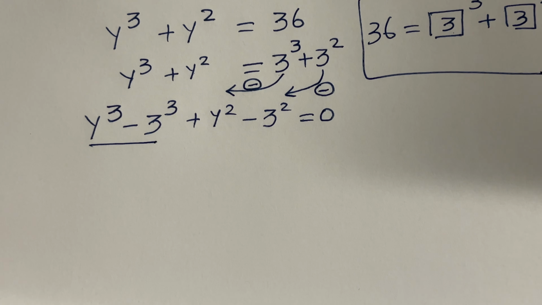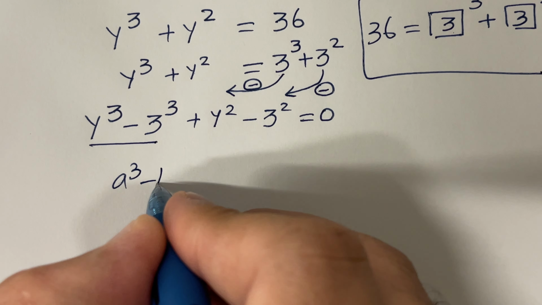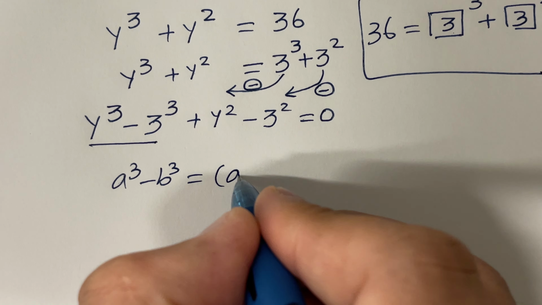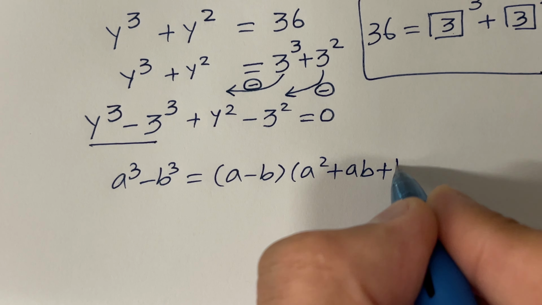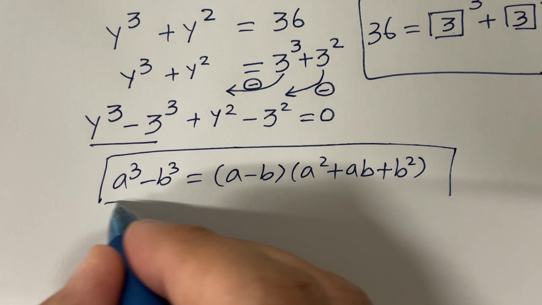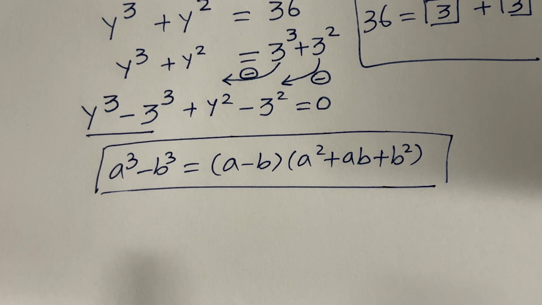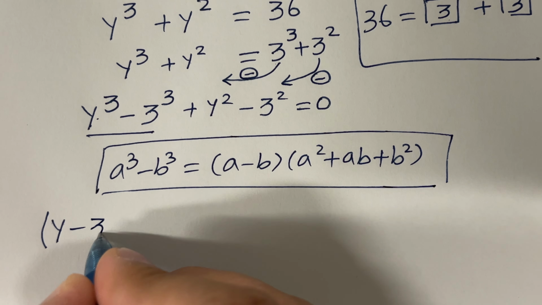Now if you look here, we can apply this formula: a cube minus b cube is equal to (a minus b) times (a square plus ab plus b square). Let's use this formula in the first term. Then a is equal to y, b is equal to 3.